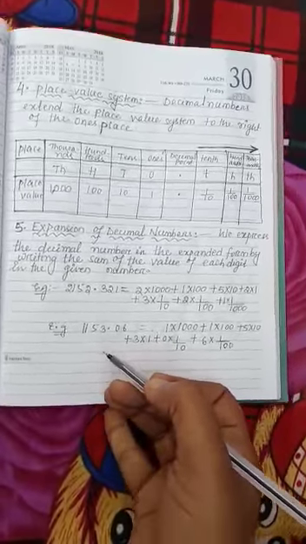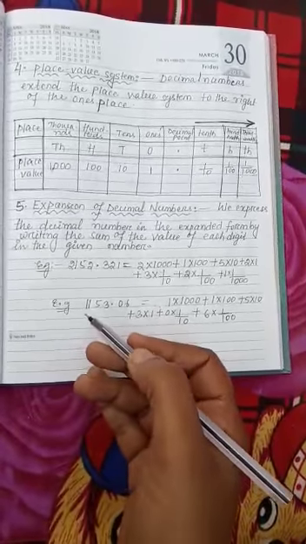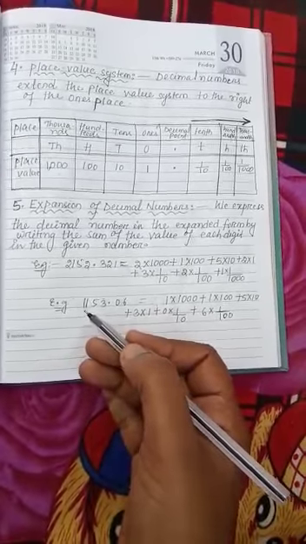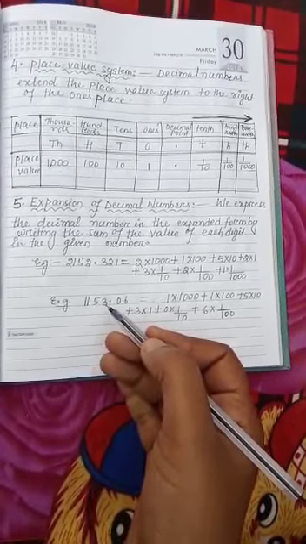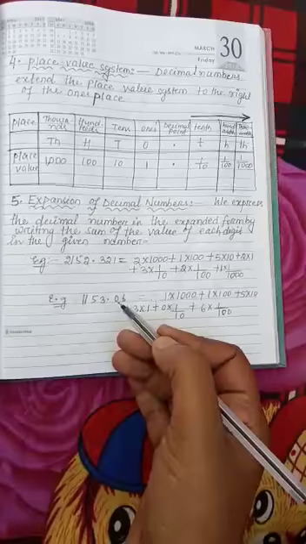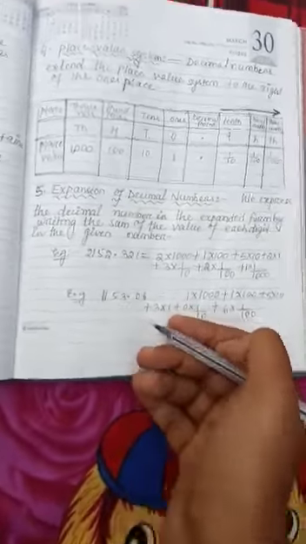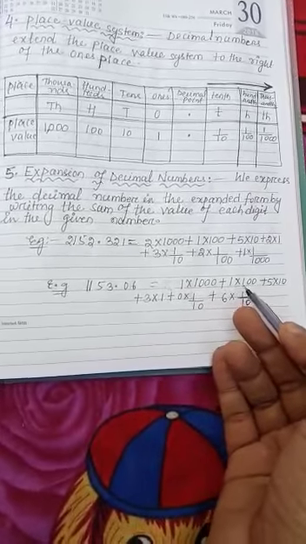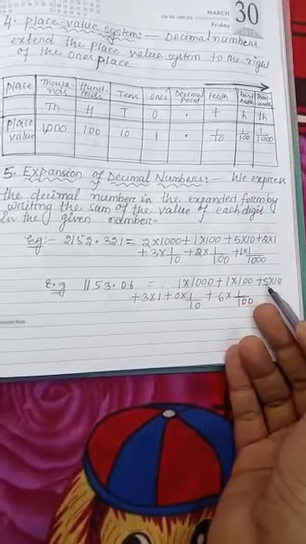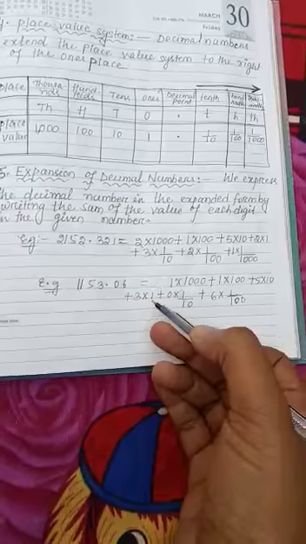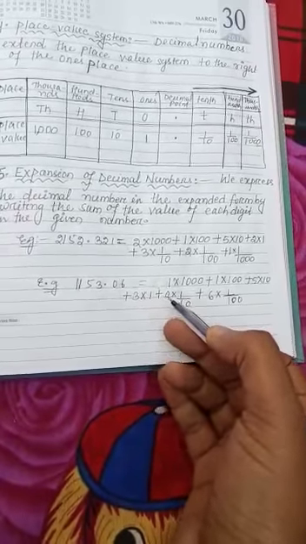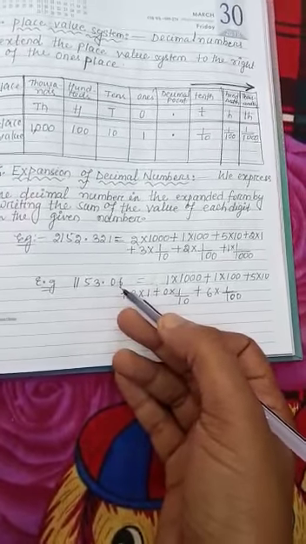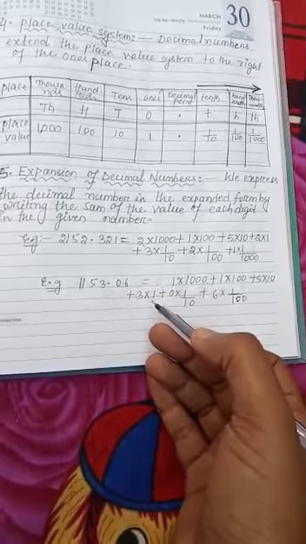Another example I have taken for you, 1153.06. The place value of 1 is 1000, then 100, plus 5 into 10, 50, plus 3 into 1, and after the ones place we have to start the decimal part.